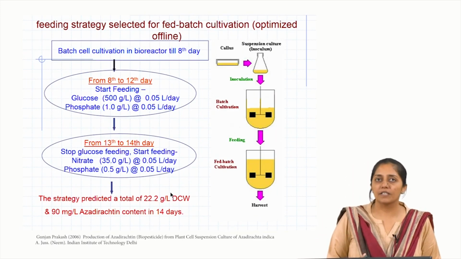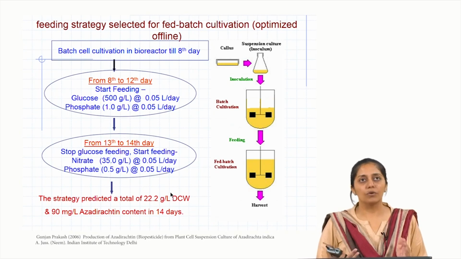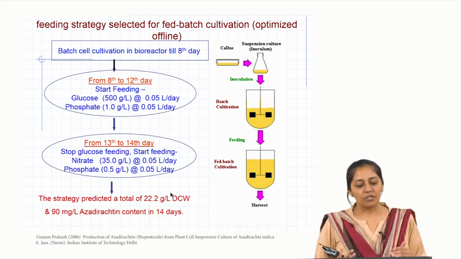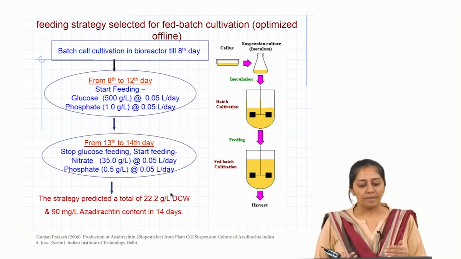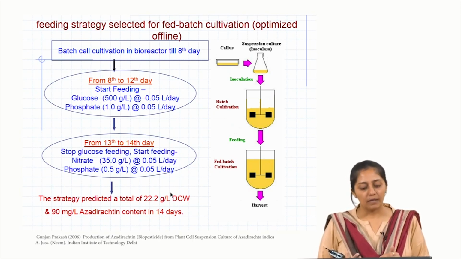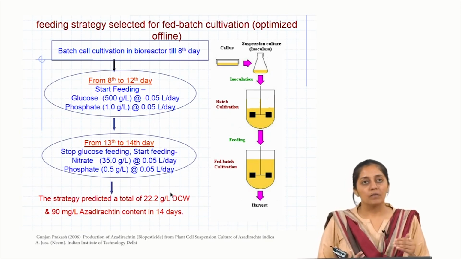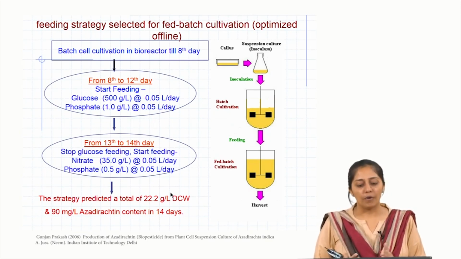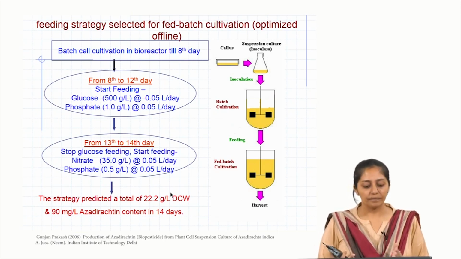So, the feeding strategy selected for fed batch cultivation was as follows. Batch cultivation was carried out in the reactor till the 8th day. Then from the 8th till the 12th day, glucose feeding of 500 grams per liter and phosphate of 1 gram per liter was done at a rate of 0.05 liters per day in the reactor.